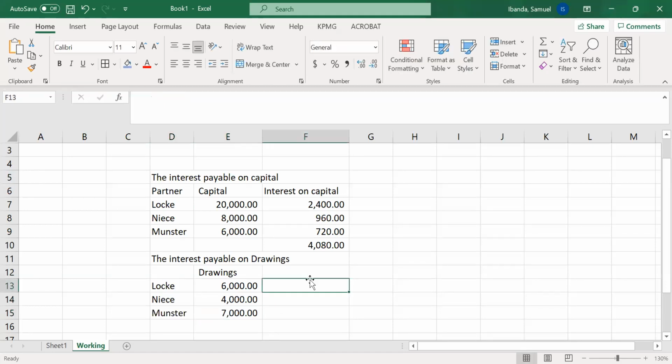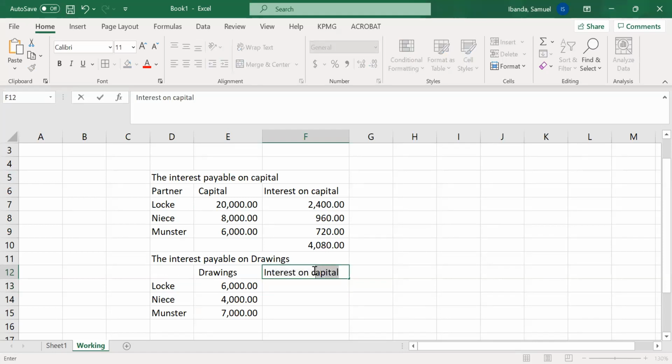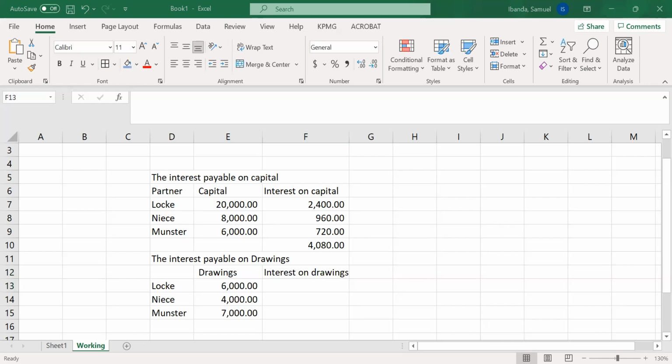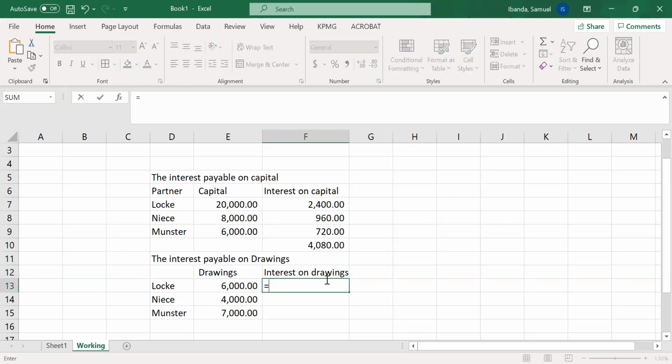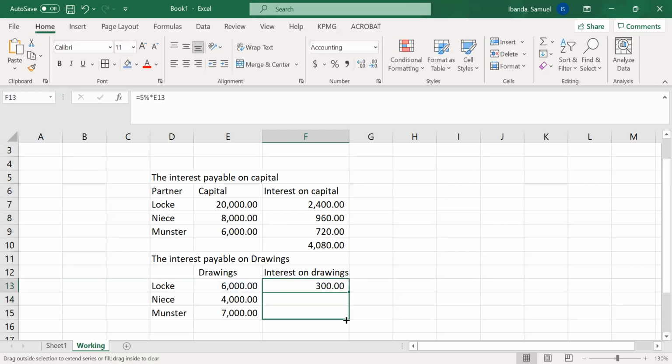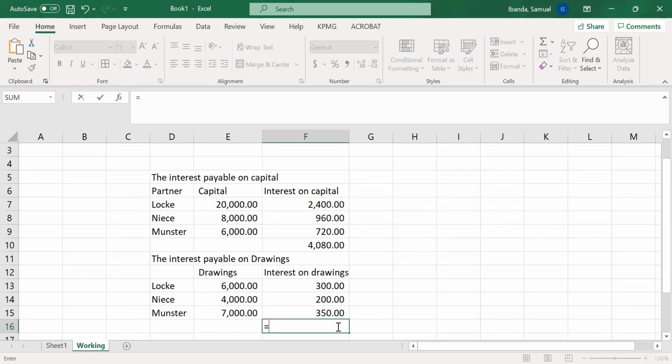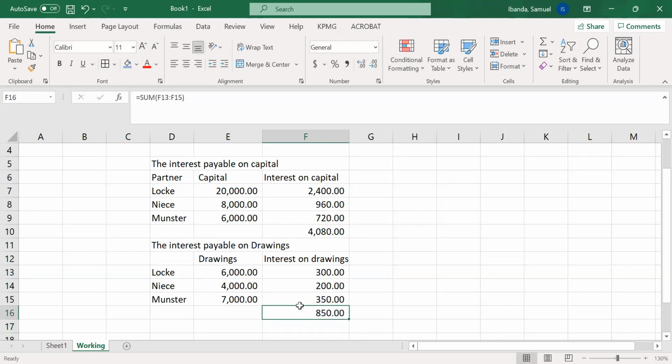These are the drawings. Then interest on drawings. They have given us a percentage of 5%. So 5% times 6,000 gets me that value like that. And this will give me a total of 850. So that is what I have.